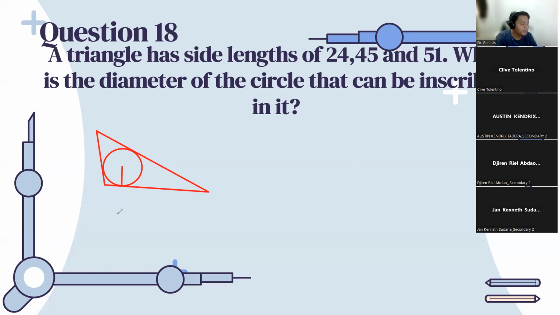The formula will just be the inradius is equal to A plus B minus C over 2, where C is the longest, C is the hypotenuse. So that is if the given is a right triangle.